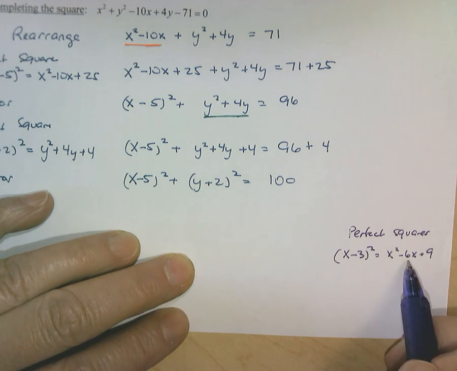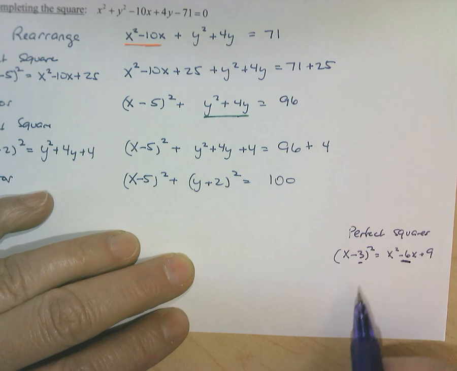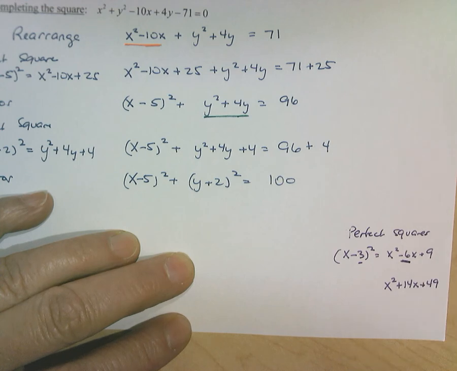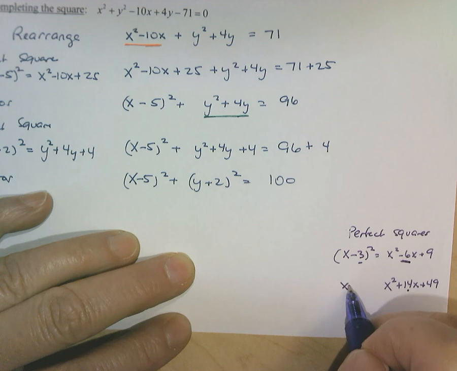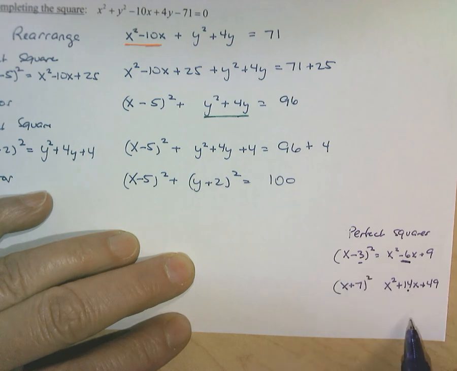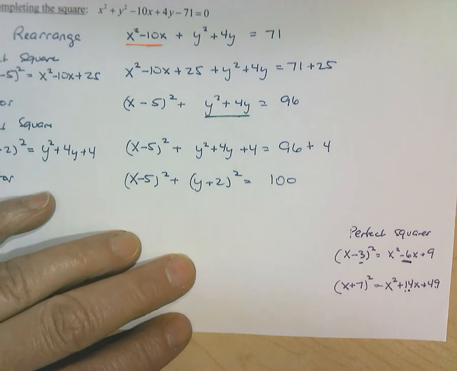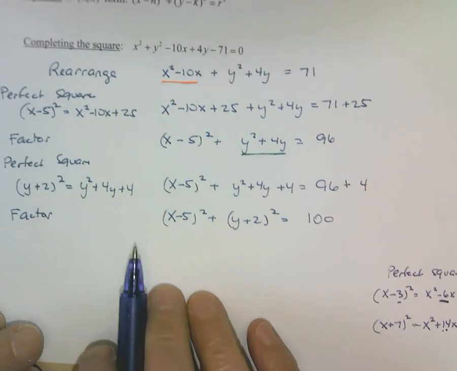So what's happening here, half of this negative 6 is what goes here. So if I went backwards, say I went x squared plus 14x plus 49. Half of 14 is 7. So if I did this, 7 squared is 49. That's what we're doing with that. You're actually just factoring a perfect square.